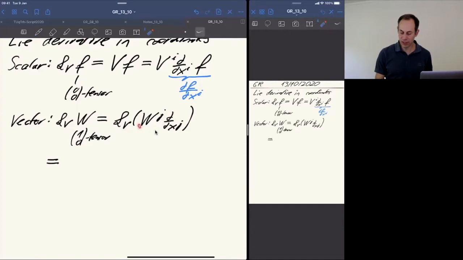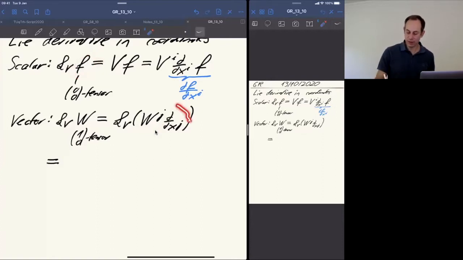This W^j is a function which is defined everywhere on the manifold. Because, remember, W itself is a vector field. It's a vector at every point on the manifold. And you can now regard this as a scalar defined at every point of the manifold. So this is itself a function. So it's something like this f.